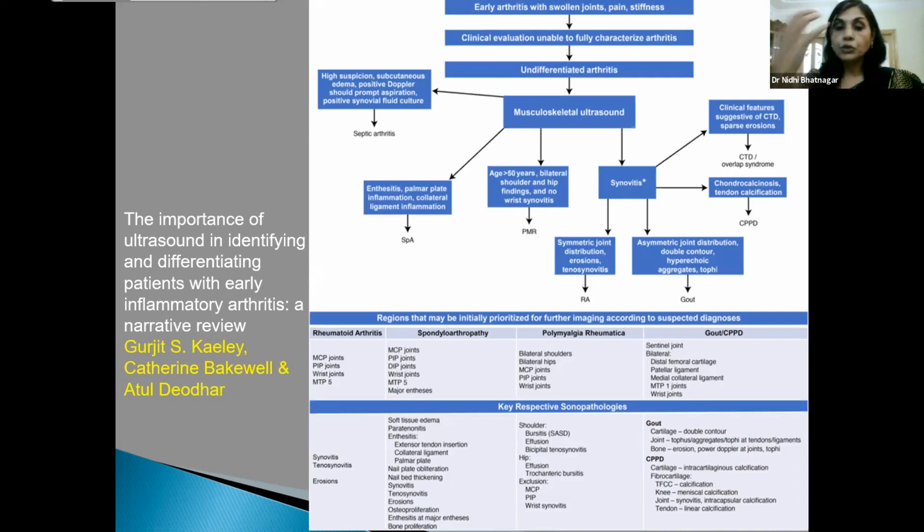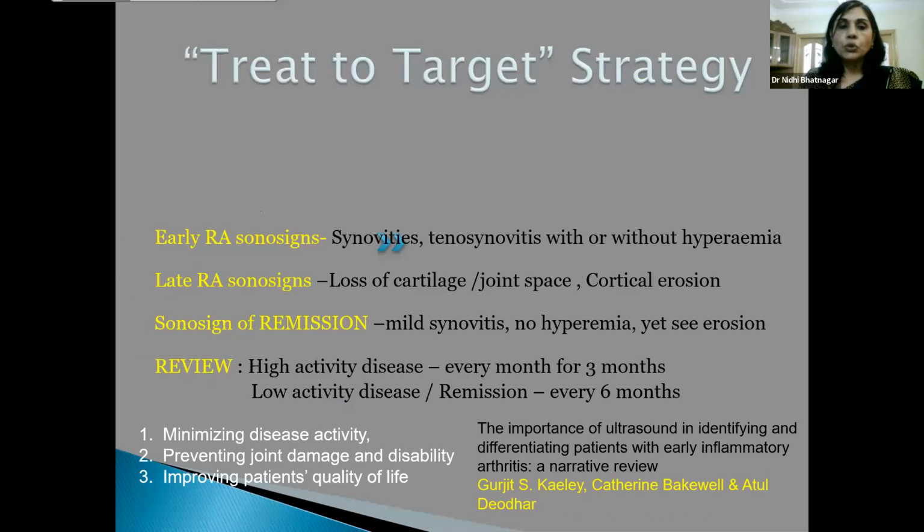This has been given by Gurjeet Singh, an Indian doing wonderful work in rheumatology. I do hope you will find the incentive to go through it every time you're scanning a patient with suspected inflammatory arthritis. So this is one of my last slides.